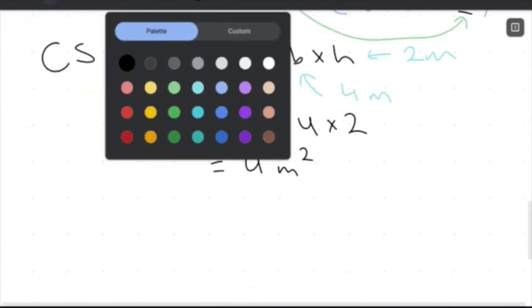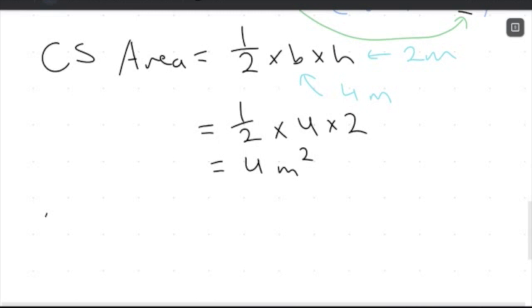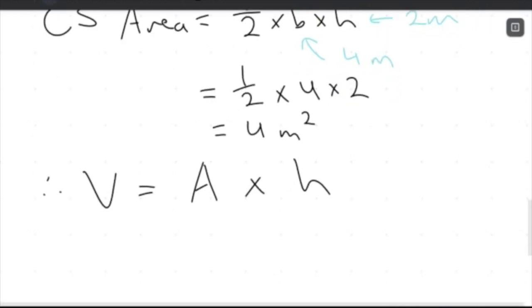So I can say, therefore, my volume equals my cross-sectional area times the height being the length between the two identical faces. And I already know these two values.